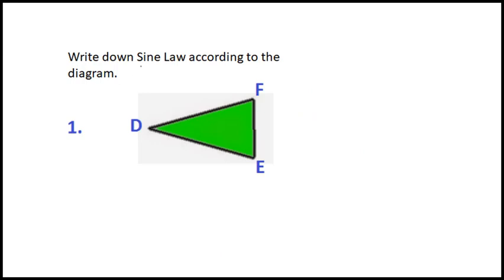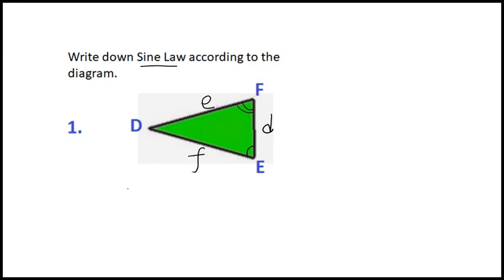Write down Sine Law according to the given diagram. For this triangle DEF, we will label the sides. This one is d. Corresponding to this angle E is e here. Corresponding to this angle F, this is f.